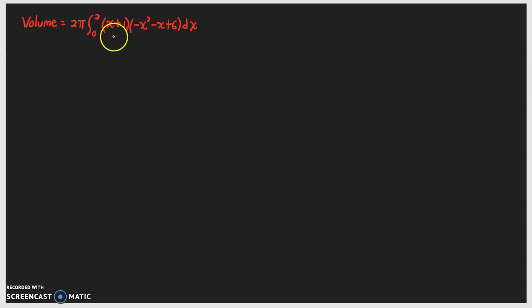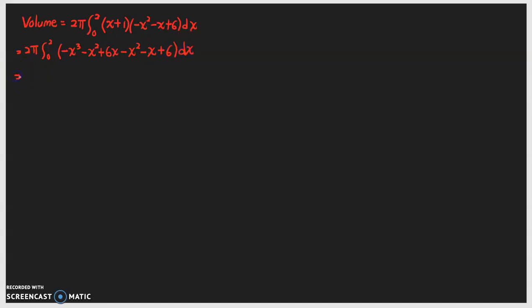So before we integrate, we need to expand one by one. So next step, I will try to expand 2 pi integrate from 0 to 2. So x times negative x squared, negative x cubed; x times negative x, negative x squared; x times 6, 6x; and then 1 times negative x squared, 1 times negative x, 1 times 6, 6, with respect to x.